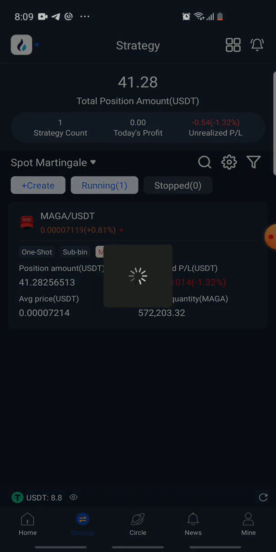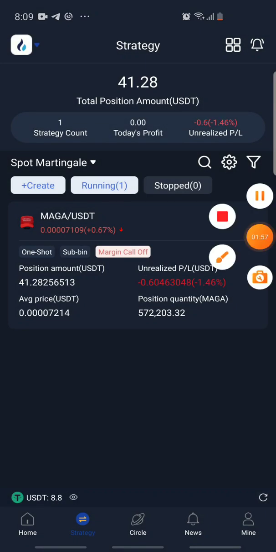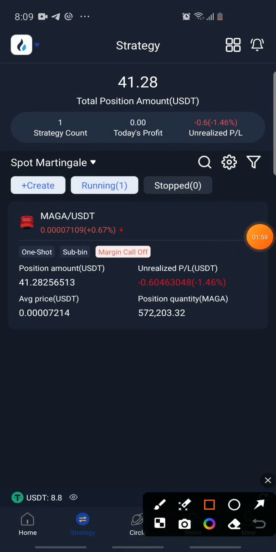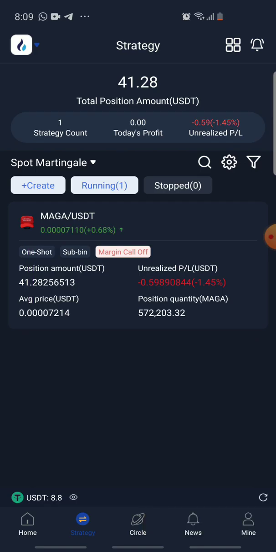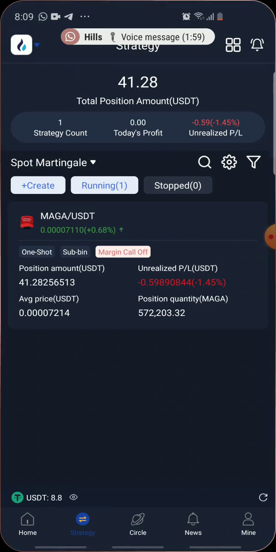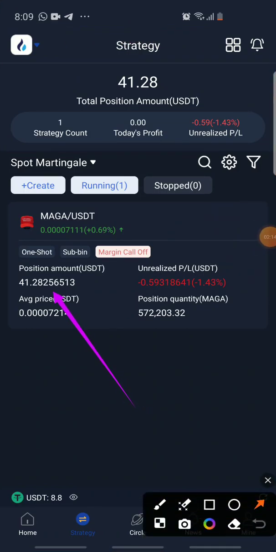So this one contains a summary of some information that is in the trade settings. For example, we have the position amount. Position amount will be the dollars that are in the coin. So this coin has $41.28 USDT.